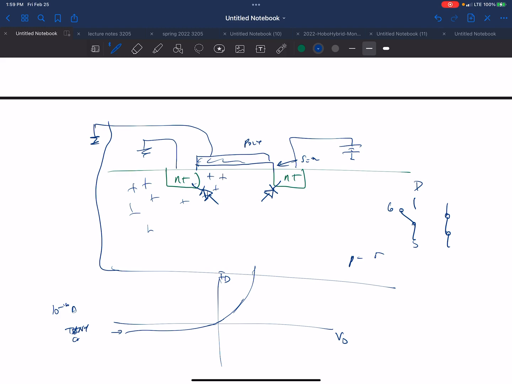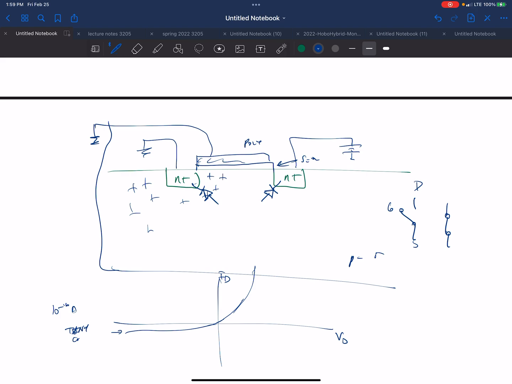Now it does something else. There's actually an operating condition for a MOS transistor called accumulation, which means you're accumulating holes in your channel.